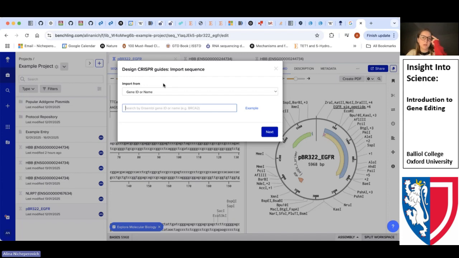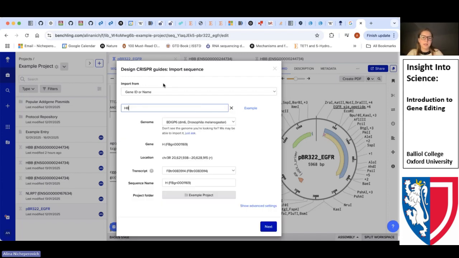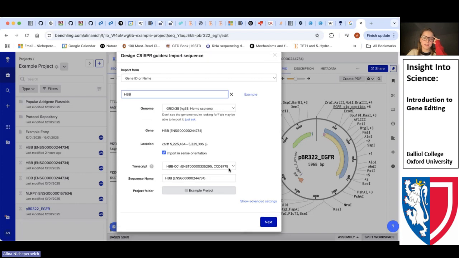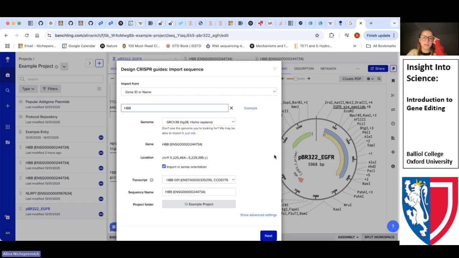In our case, it was a hemoglobin gene, so I just enter HBB. And genome is the human genome, Homo sapiens. Gene HBB, this is the region on the chromosome where this gene resides. And this is the most standard transcript. We don't need anything fancy.